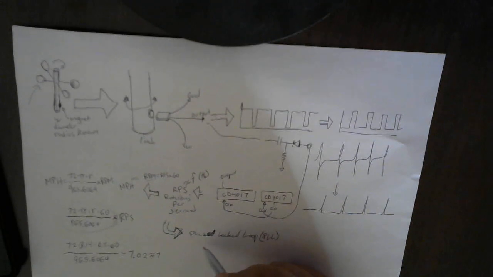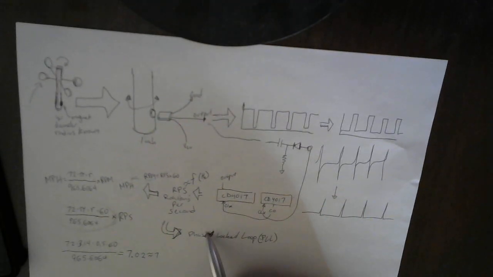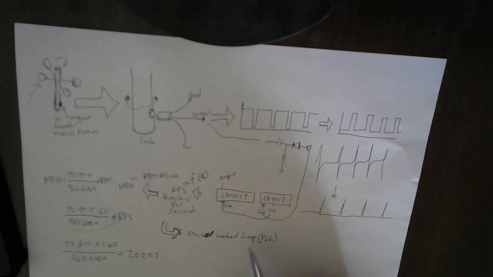So a PLL is a circuit that takes two signals, well, one signal really, and you can either divide it or multiply it, and it's a frequency signal.